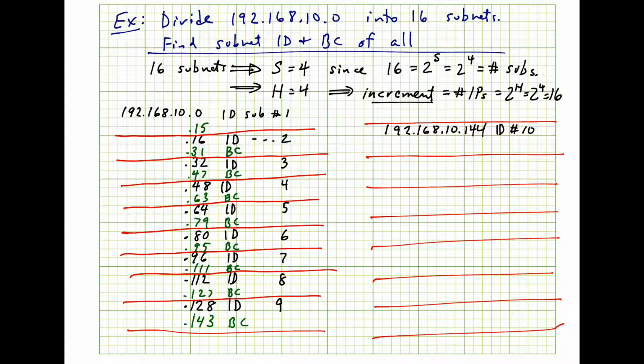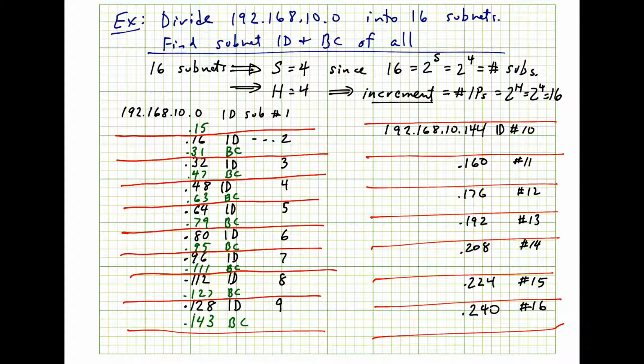And you'll see that if I count by 16s, I really will land up at the 255. .160 is going to be the ID for subnet number 11. 144 plus 16 is 160, right. .176 for number 12. .192 for number 13. 192 plus 16 is .208 for number 14. .224 for number 15. And .240 for number 16.